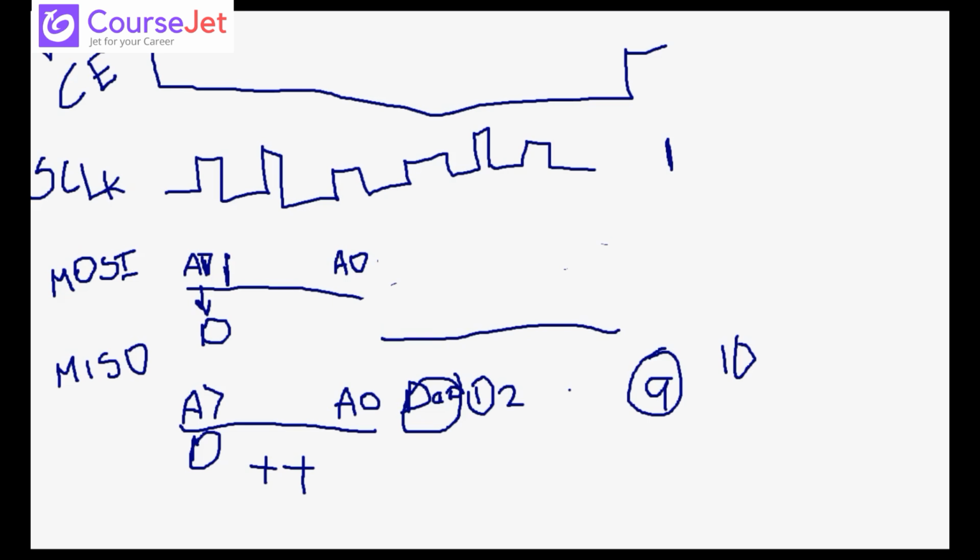So in a reading operation, you first send the address along with the first bit as 0, which is an indication of read, and then whatever output you get, you will get on the second line, which is MISO, and you can read that.